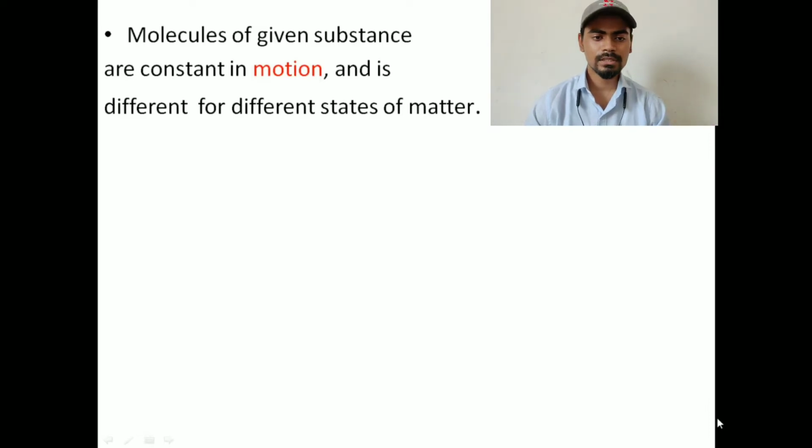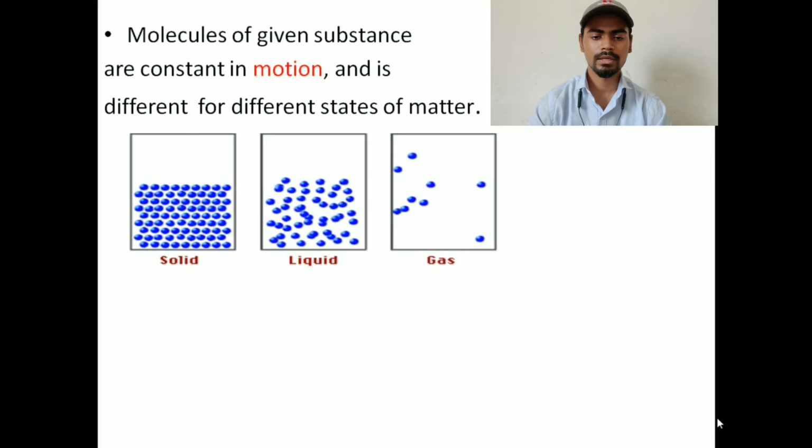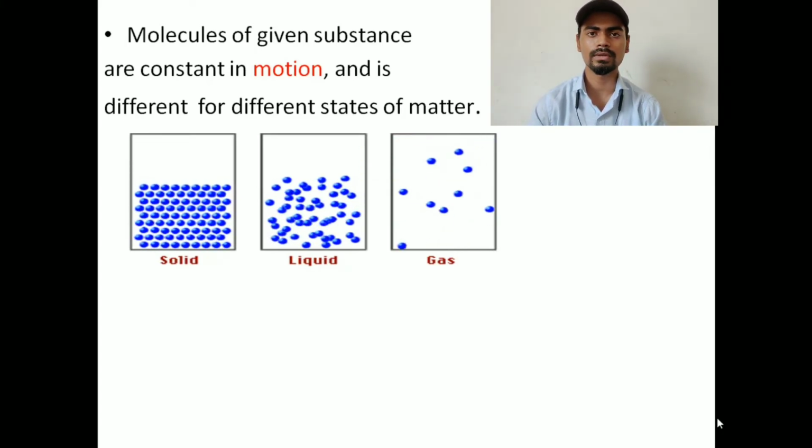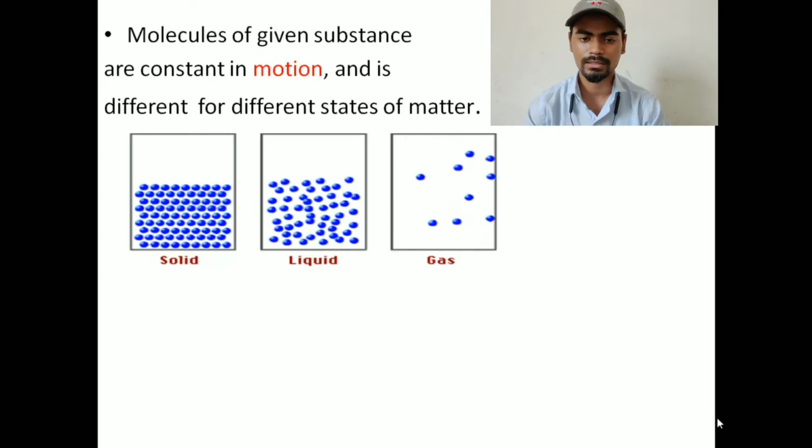Fourth point: molecules of a given substance are in constant motion, and this motion is different for different states of matter. Look at this figure. There are a total of 3 states in front of us: solid, liquid and gas.